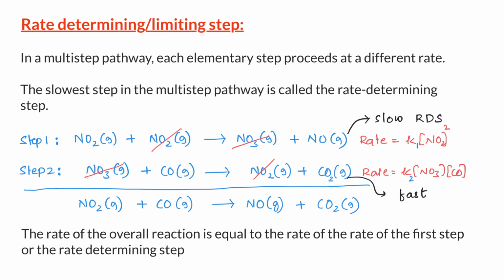Therefore, the rate of the overall reaction is equal to the rate of the first step, the rate determining step, which is equal to k times the concentration of NO2 to the power 2. Note that the rate law derived from the mechanism is the same as the experimentally observed rate law, which means that this mechanism could be reasonable or valid.